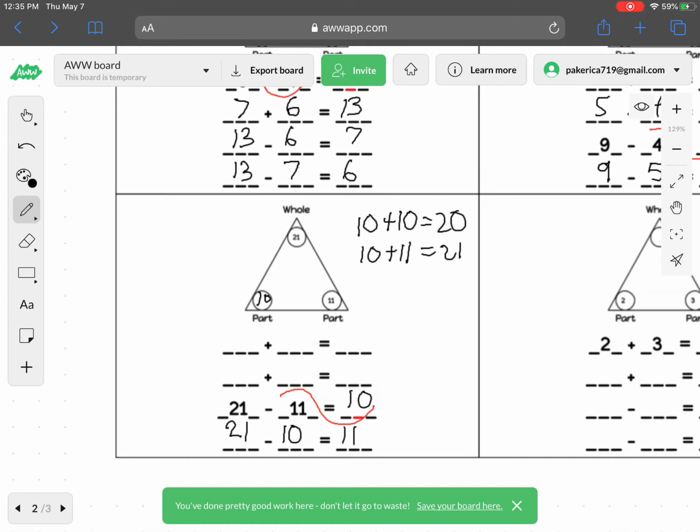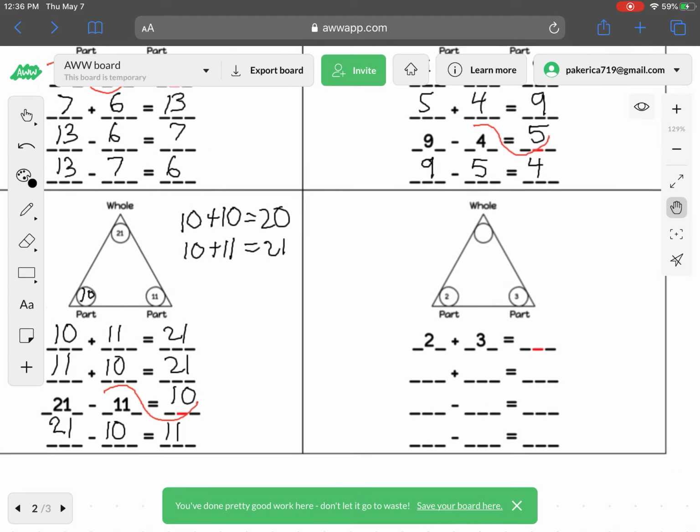And when I'm adding, I always add my two parts, which are 10 and 11. So that means my equation is 10 plus 11 equals 21, or 11 plus 10 equals 21. Let's look at one last example.